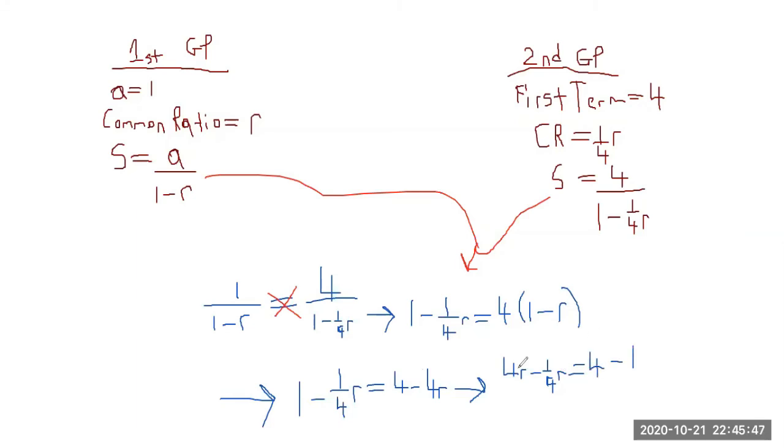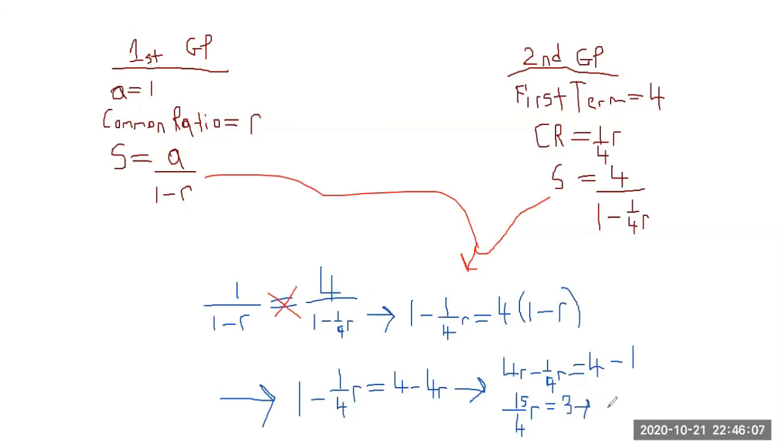So 4 minus a quarter, 4 is really 16 over 4, and 16 over 4 minus a quarter is 15 over 4. So we get 15 over 4 times r is equal to 3.